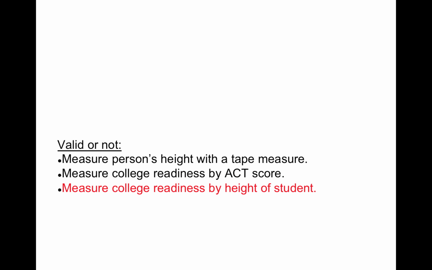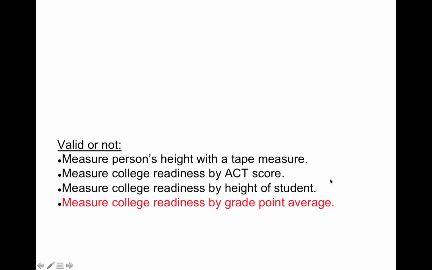How about college readiness by the height of a student? Well, let's see. A fourth grader is shorter than a high school graduate, so maybe height does talk about college readiness. But then again, there could be some 19-year-old kids that have stunted growth and are very short, and so they are college ready, even though they're short. So maybe not on that validity.